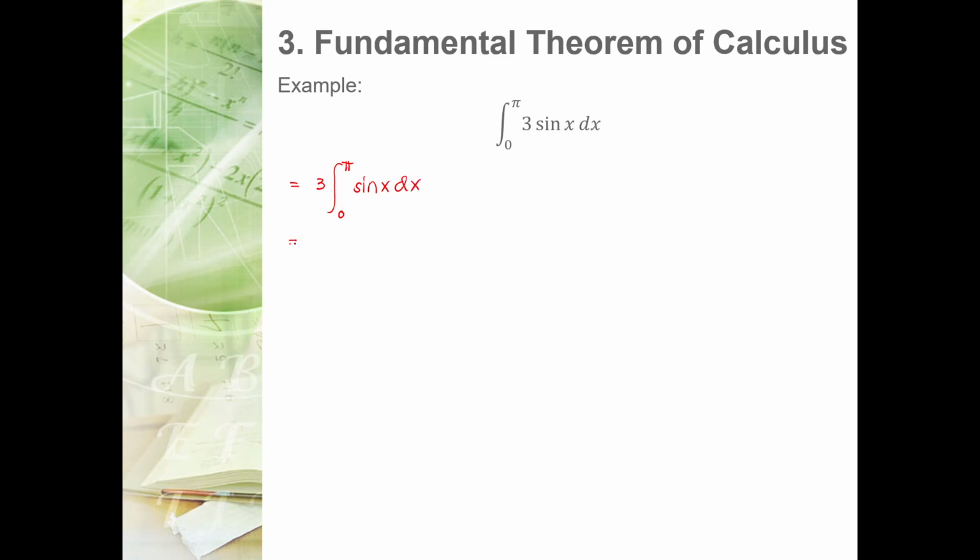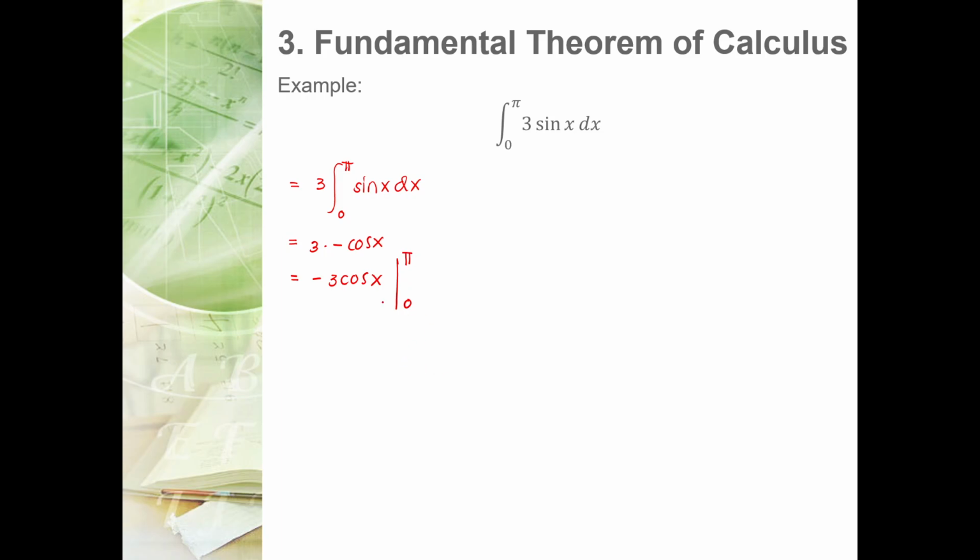Again, the integral of sine x is negative cosine x. So this becomes 3 times negative cosine x plus c. Since we are dealing with a definite integral, there will be no plus c here. So the final answer is negative 3 cosine x. Then apply the limits from 0 to pi.